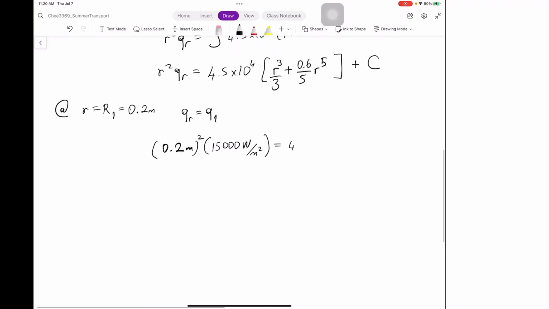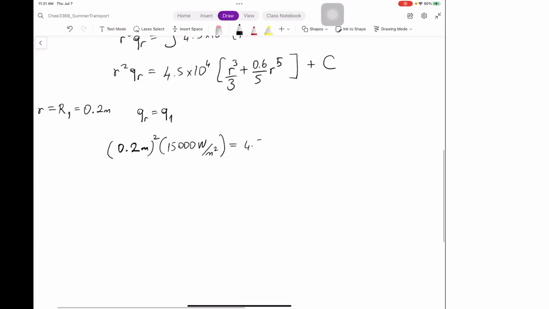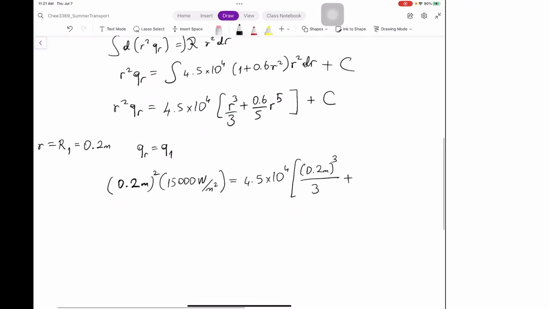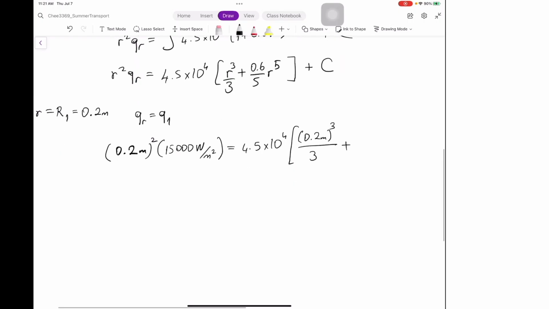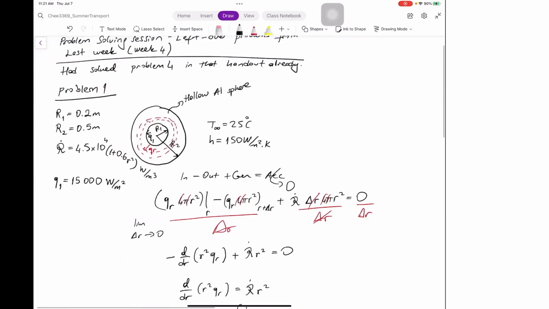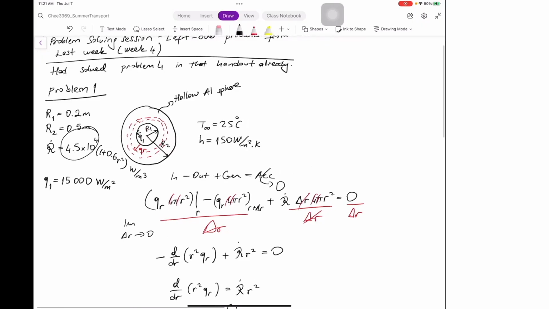is equal to 4.5 times 10 to the 4 times 0.2 meters cubed divided by 3 plus, and I know that this has units, right? So this thing should have the units of this.